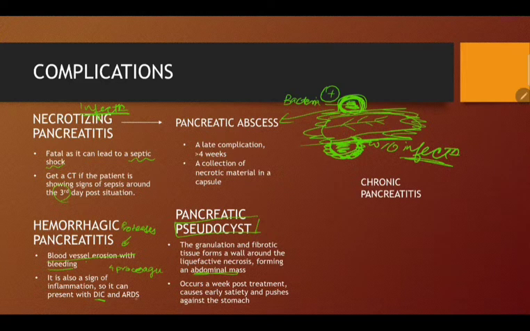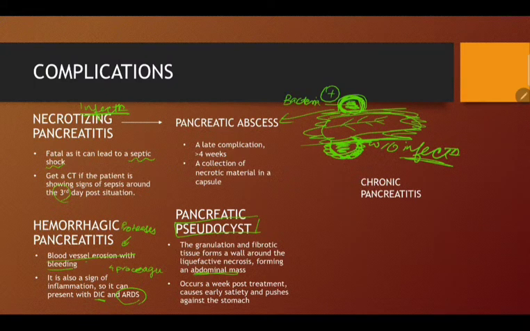Another complication is ARDS. Again, a severe case. If, as I said, there is too much fluid that is diffused out of the vessels because of increased capillary permeability. Now, this is a diffused issue. It doesn't just happen in one area with the pancreas, but it happens all over the body.